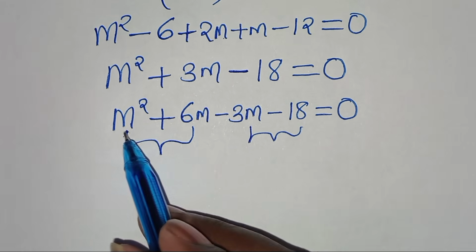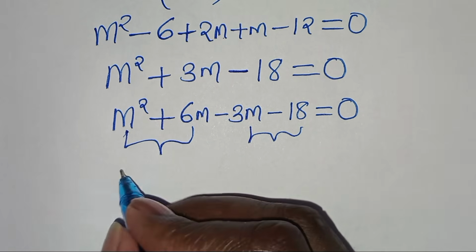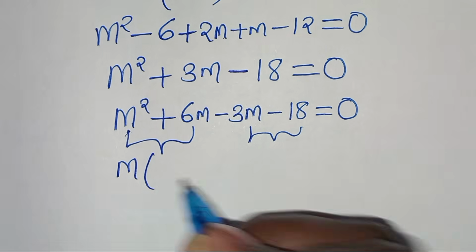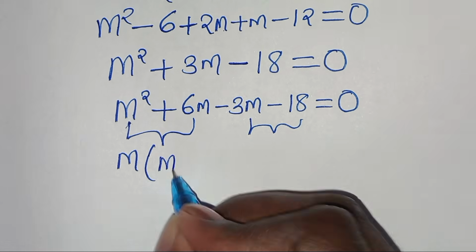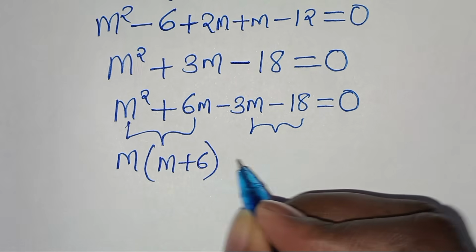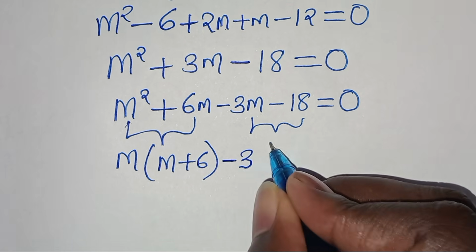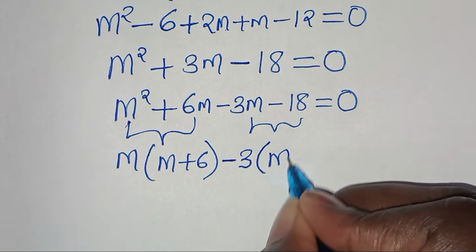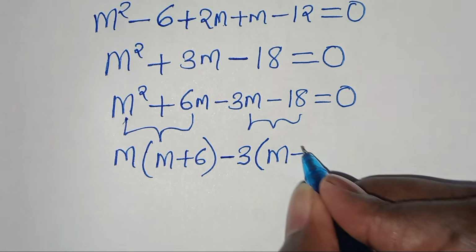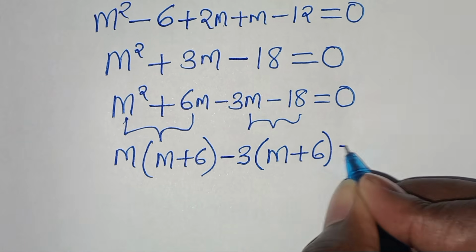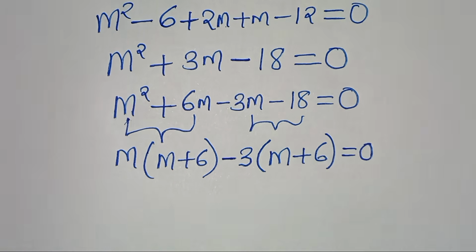In the first part here, we have that m is common. This is m into the parenthesis. This is m plus 6. Then subtract 3 is common here. We can factor out 3 into the parenthesis. This is m plus 6. Close the parenthesis. This is equal to 0.